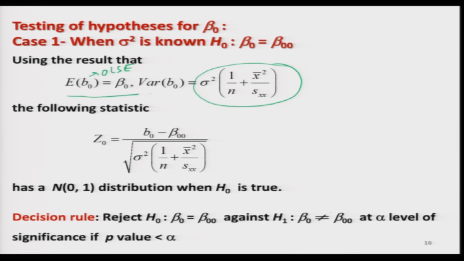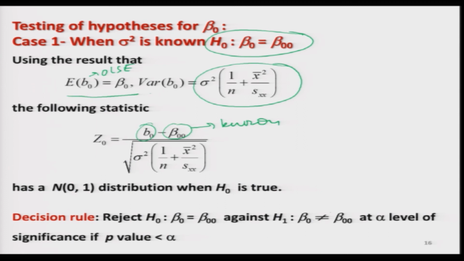So, now I can use the Z statistic and I can construct my statistic by b0 minus beta 00, which is a known, given quantity here, because my hypothesis is H naught: beta 0 is equal to beta 00, or beta naught naught, or beta double naught, you can say.